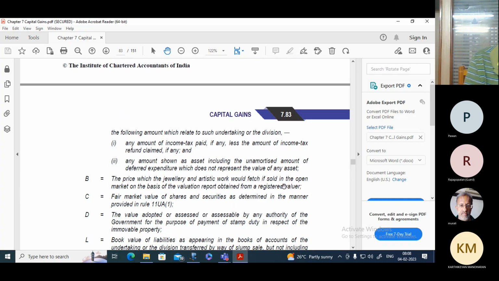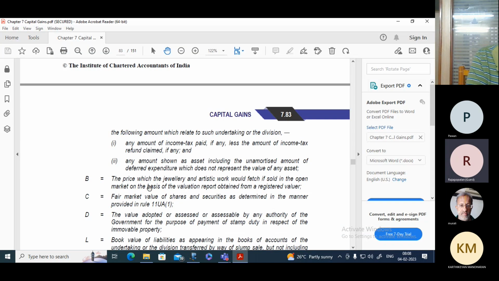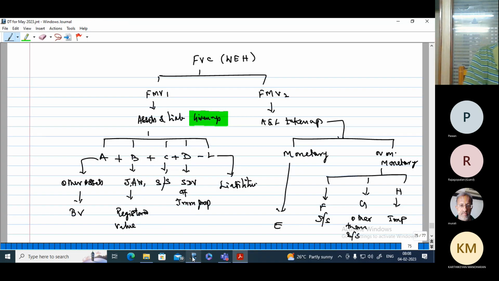Registered valuer. The price at which it will fetch on the basis of valuation report obtained from a registered valuer. Rule 11UA.